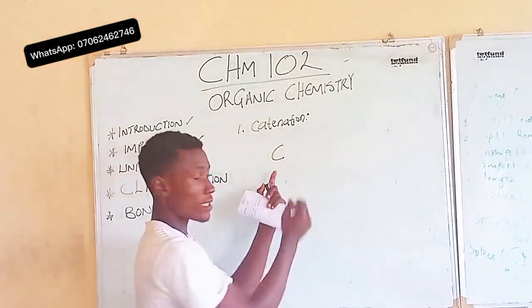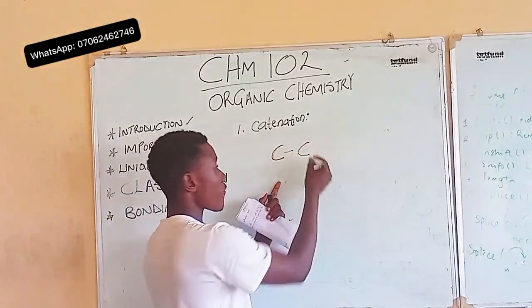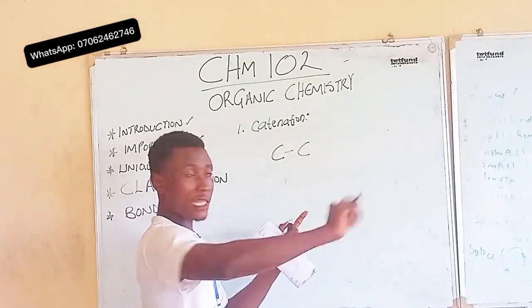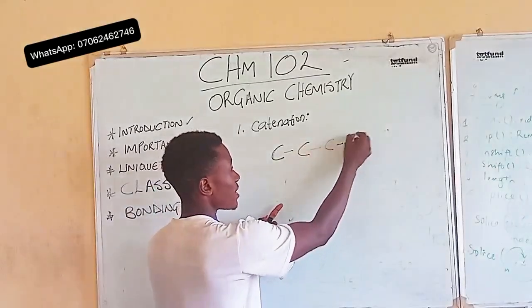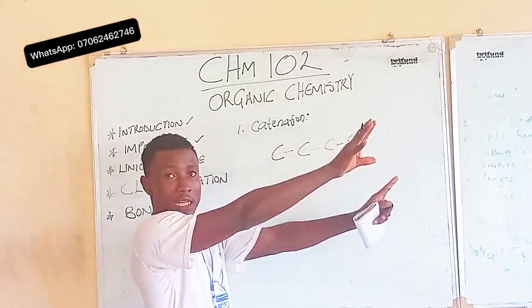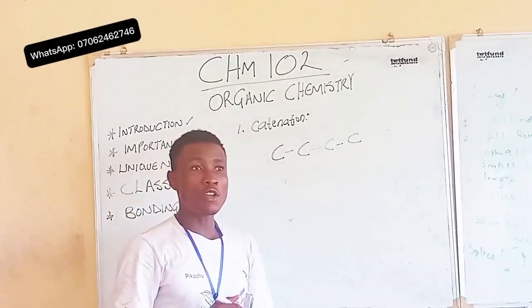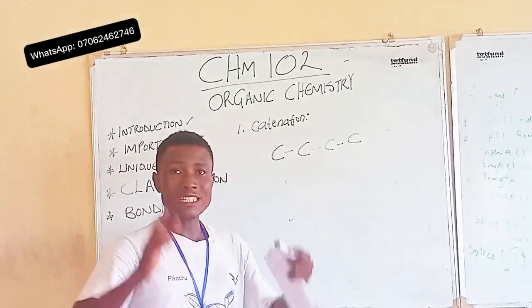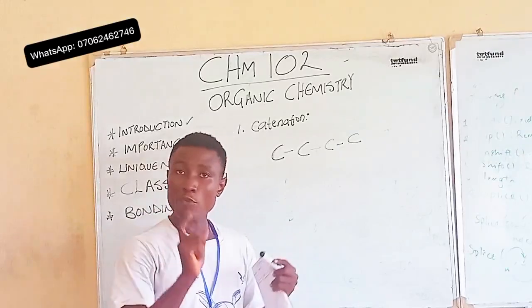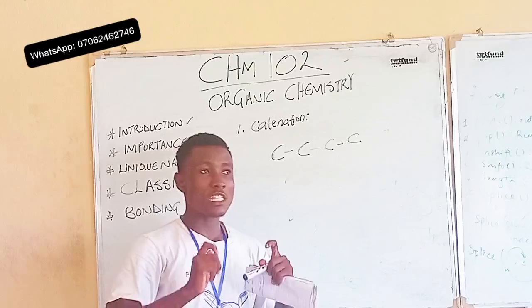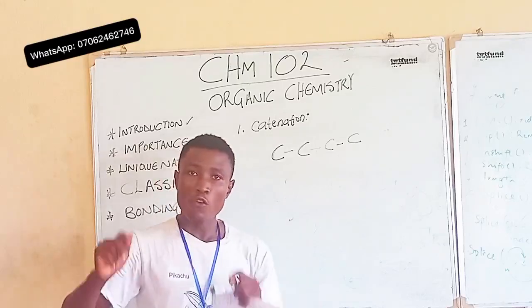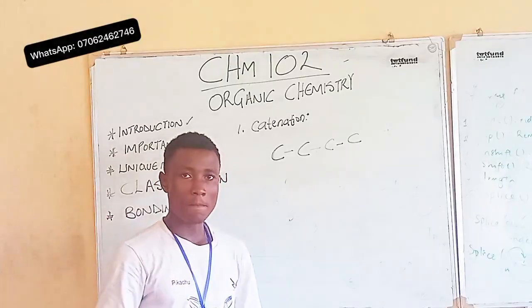So you might have seen the reaction of the carbon forming straight chains. So we have the C, the C, the C, the C, and going like that. So this is what is known as catenation, the ability of carbon to form straight or branched chains. This unique property is very, very important because it is something that differentiates carbon from every other element.